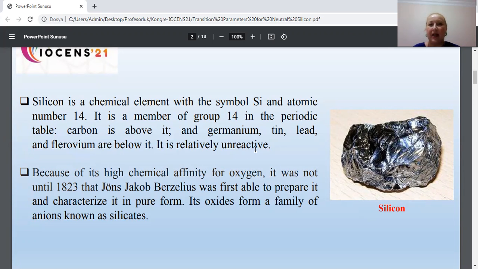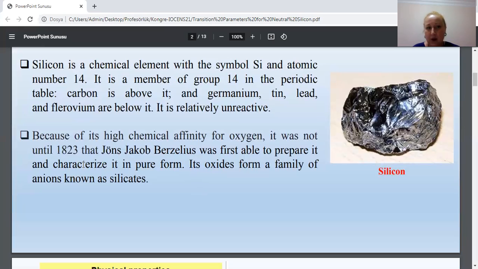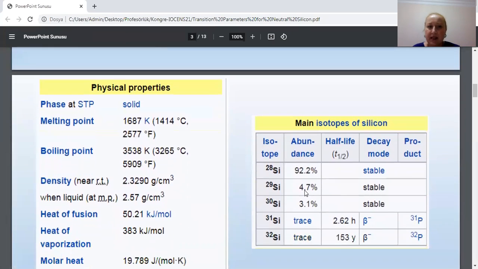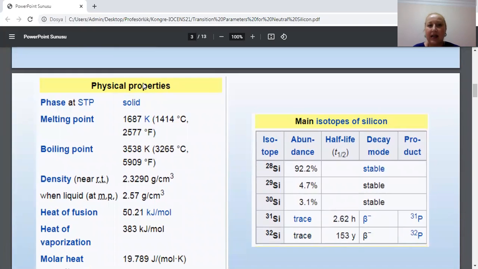It's relatively unreactive. You can see who discovered silicon and the date here, the year 1823. In this slide, you can see the physical properties: it's a solid, and you can see the melting point, boiling point, and the density for the experimental parts.